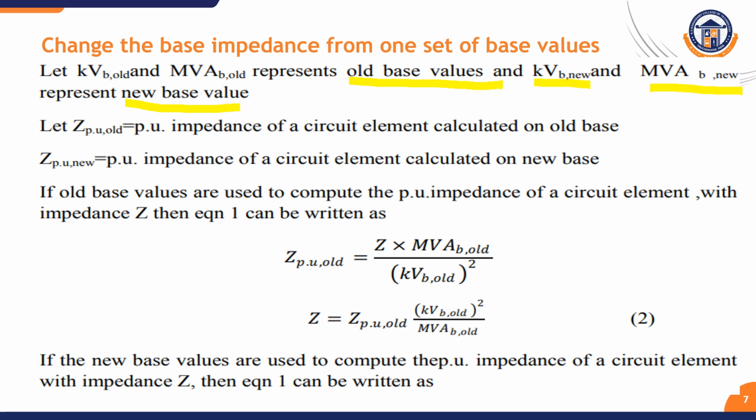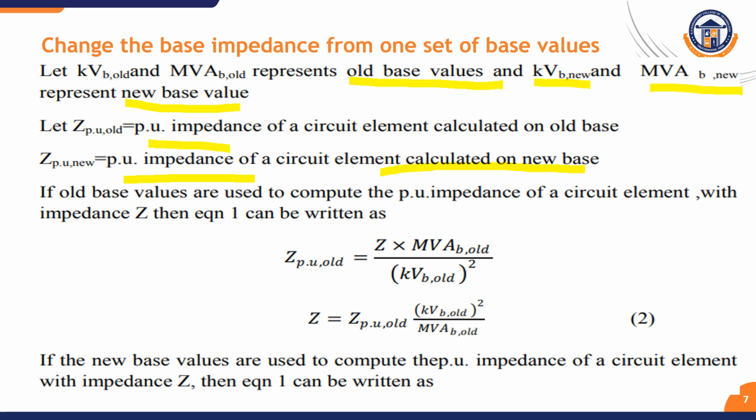To derive this, we assume the voltage and power base values are the basic ones. Z per unit old is the per unit impedance of the circuit element calculated on the old base, and Z per unit new is the per unit impedance calculated on the new base.